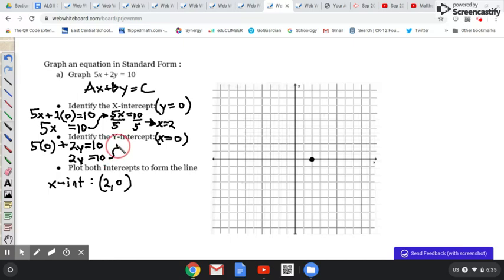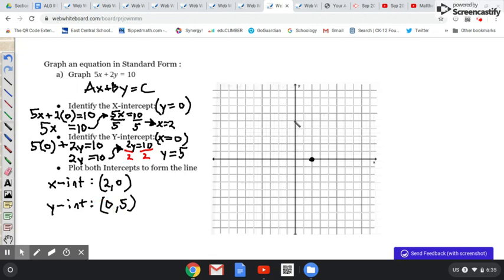Now if 2y equals 10, that means if we divide both sides by 2, y equals 5. So our y-intercept is the point (0, 5).